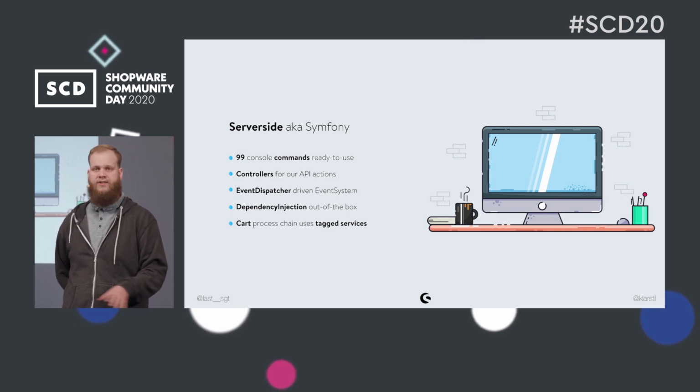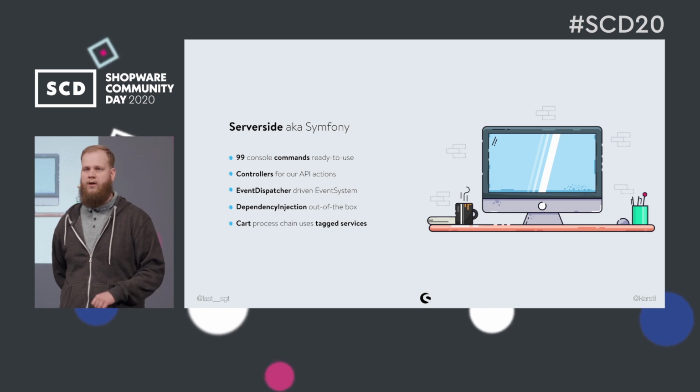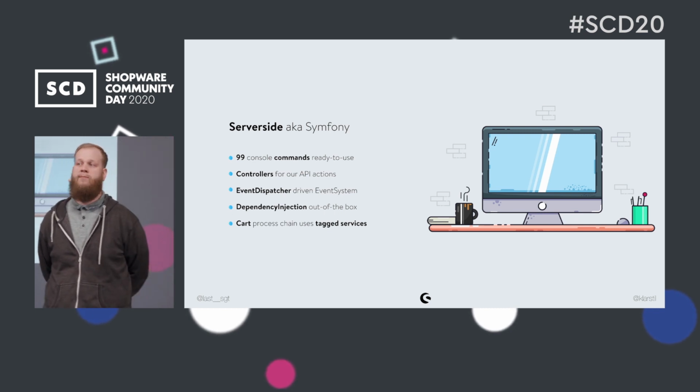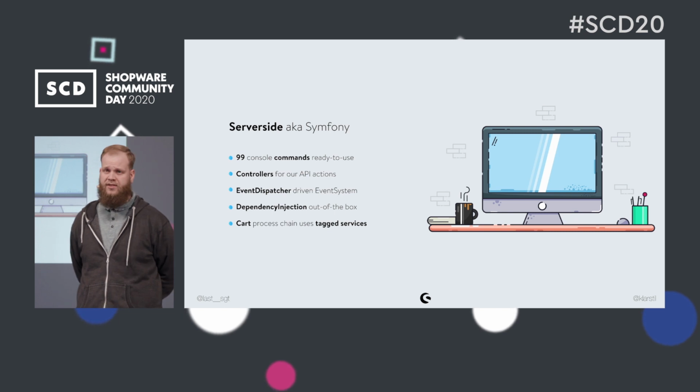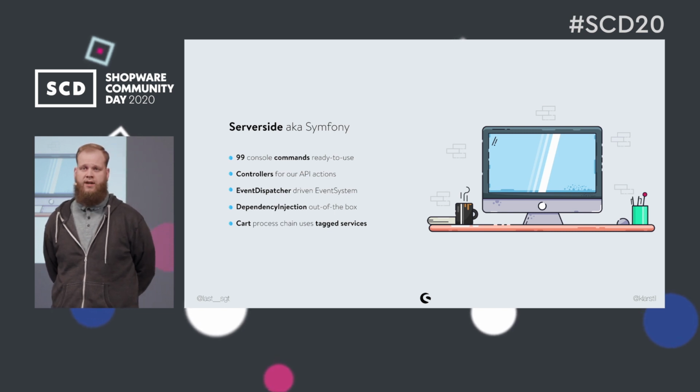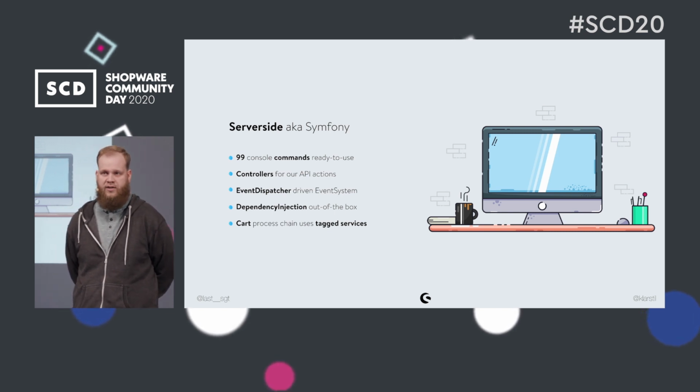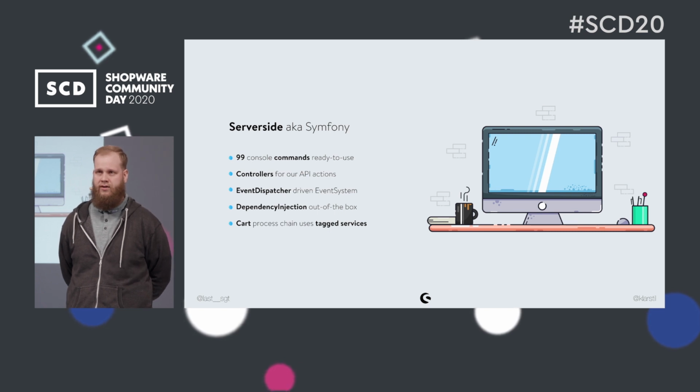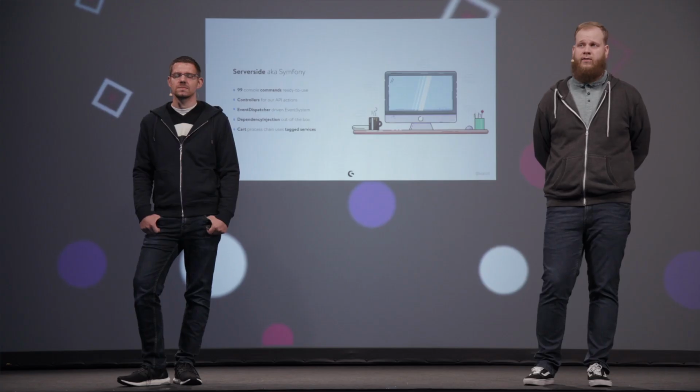But under the hood, it's all standard Symfony and no extra thing we implemented. The event system we are using is driven by the Symfony event dispatcher, which is also a standard and common pattern. So if you know the event dispatcher from another application, maybe you know how events in Shopware 6 work, which is great.